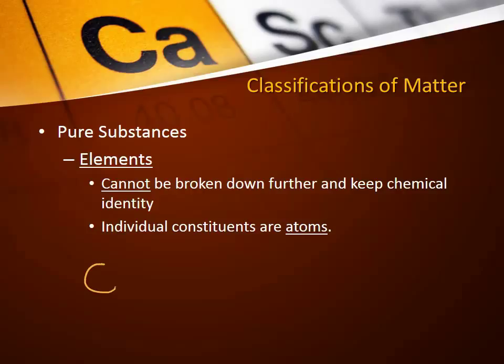If you were to find a sample of carbon, individual carbon would come in atoms. So carbon, carbon, carbon, carbon. Normally, it will look more like this. Carbon tends to be a solid. But elements are basically things that you cannot break down farther and still remain their original identity.